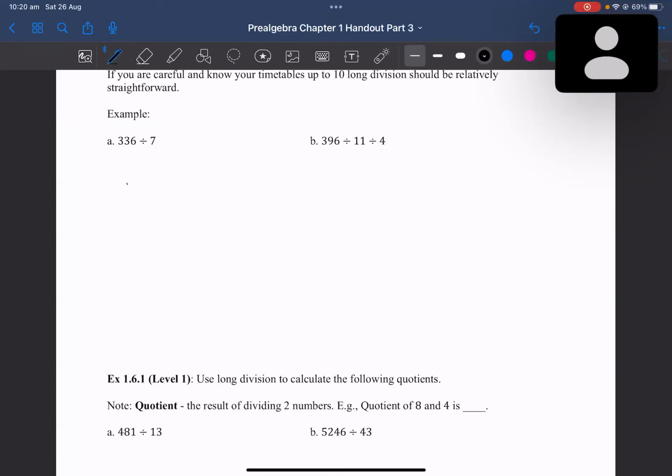Also do B. Oh yes, do A and B. Can there be remainders for the steps, but not the answer?